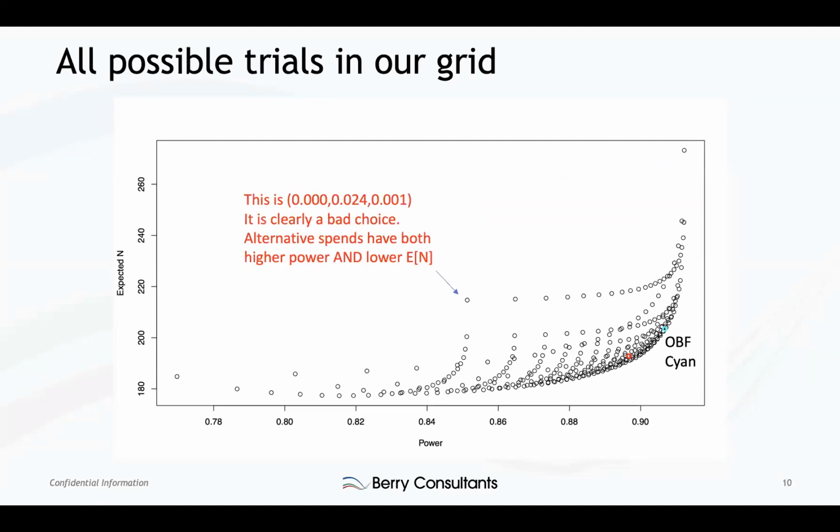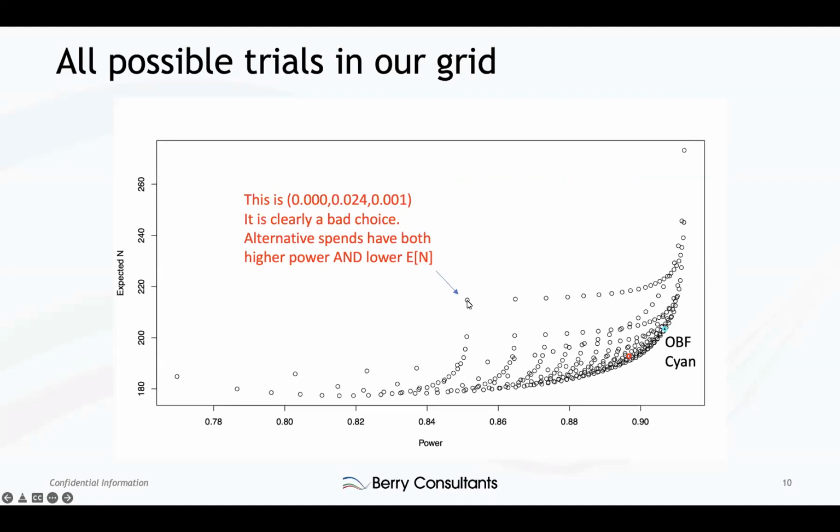There are some really bad choices here. So this one, I don't spend anything at the first interim. I spend 2.4% of my alpha at the second. I spend 0.1% at the max. This is not a good choice.